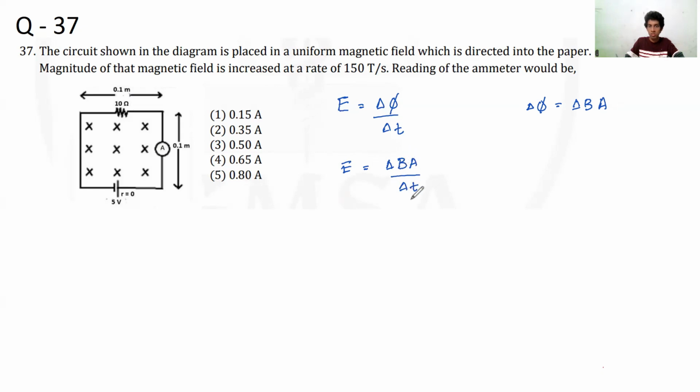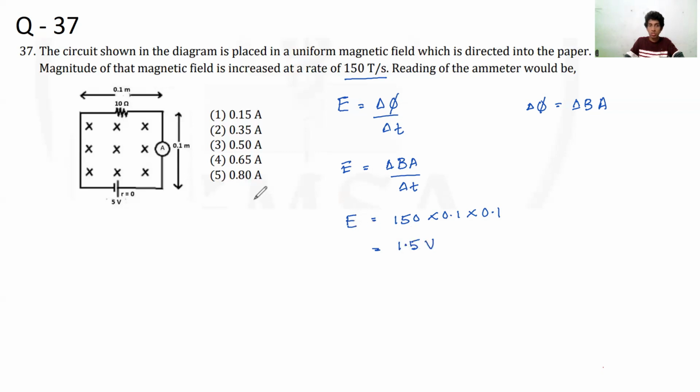Delta B over delta t is the rate of change of magnetic flux density, in this case 150 Tesla per second. So here we can substitute the values. This is equal to 150 Tesla per second times A, where A is equal to 0.1 meters times 0.1 meters. So that is equal to 1.5 volts. That means here the induced electromotive force is 1.5 volts.